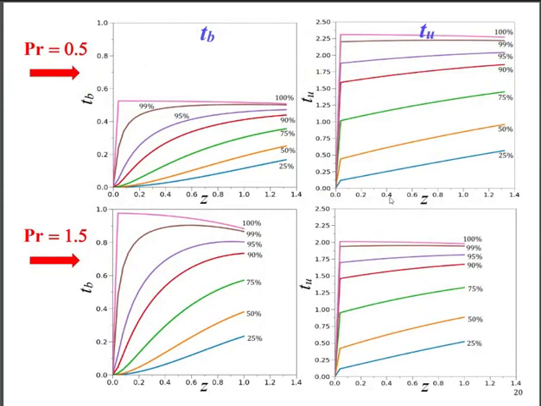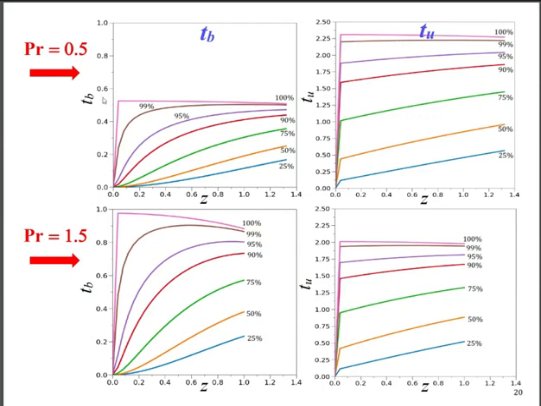And we can look at the Prandtl number dependence. So if you look at the response time for the wind, you'll see they really don't change all that much, Prandtl number of 0.5 to Prandtl number of 1.5. You know, at 100% steady state, you get that PU of 2. Here it's 2.25. They're pretty close.